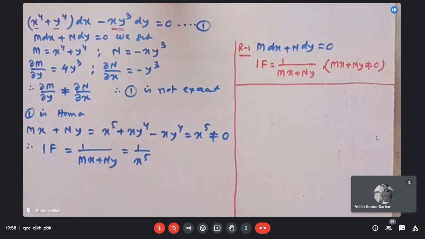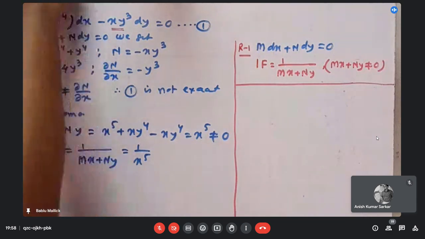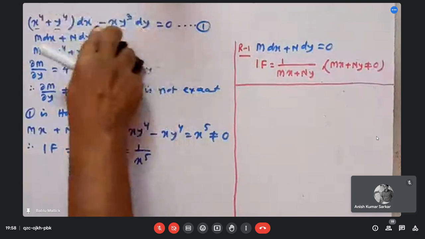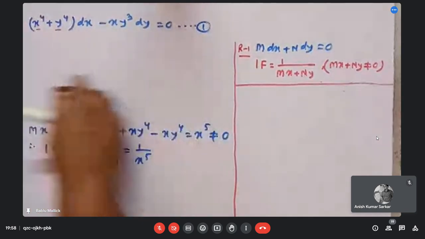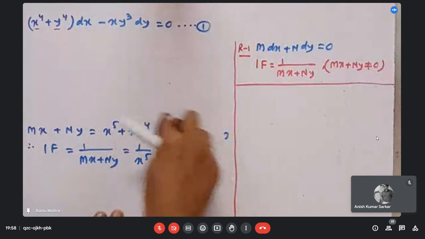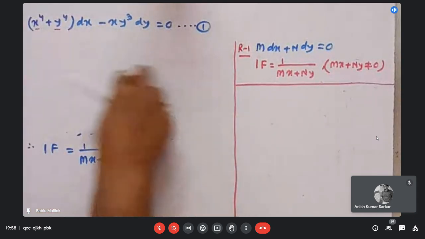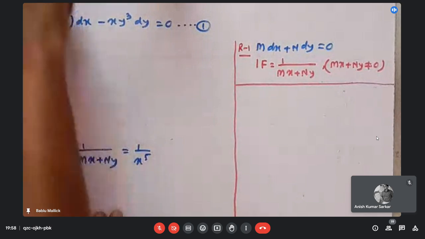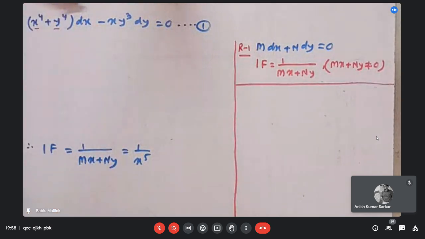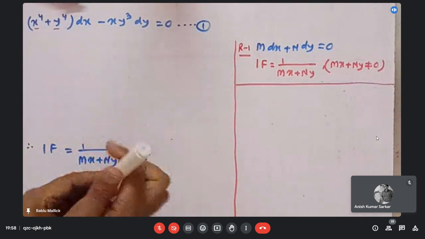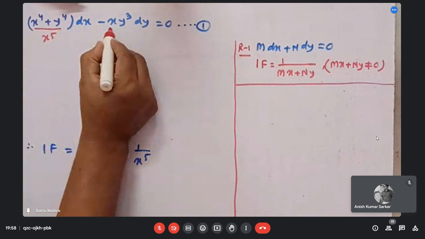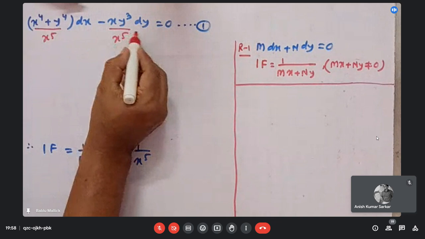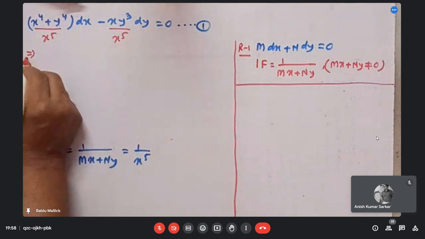Multiplying equation 1 by the integrating factor, we get this divided by x to the power 5, this divided by x to the power 5 is equal to 0.